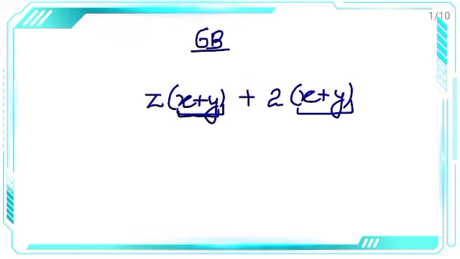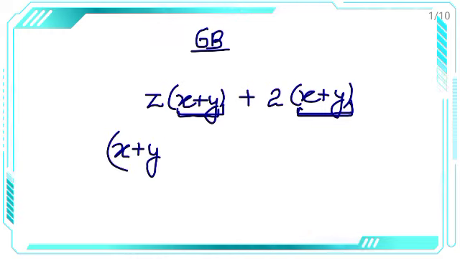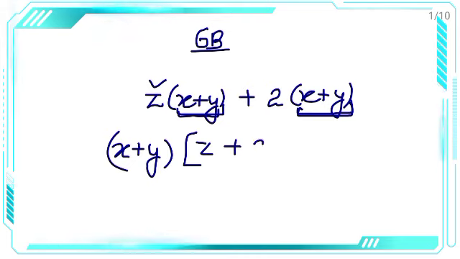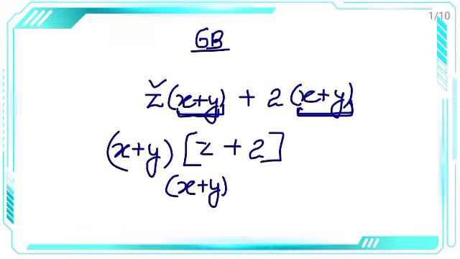So this factor is common in both the terms, so we will keep it outside, x plus y. After taking it outside, in the bracket we have z plus 2. So the factors of the given polynomial are x plus y into z plus 2.